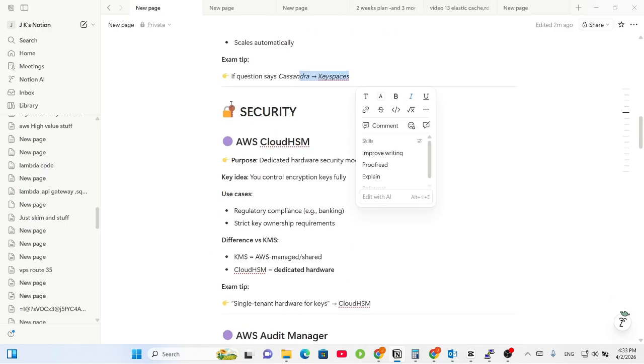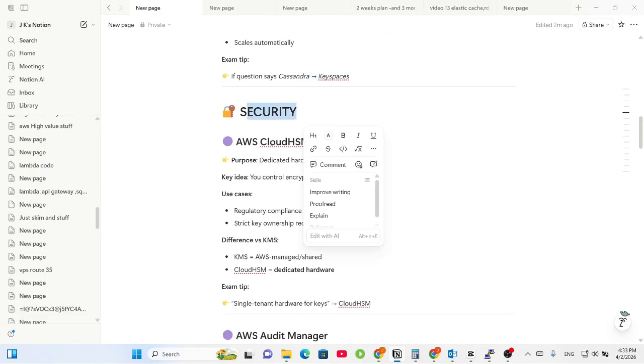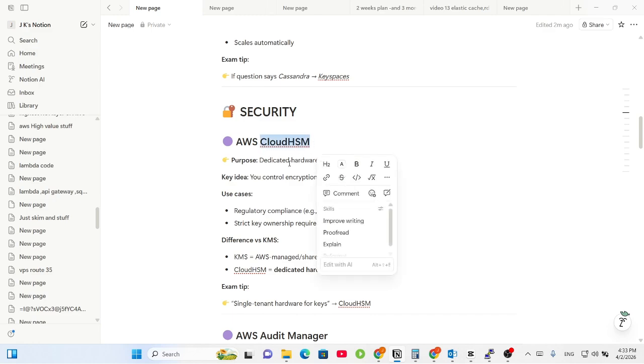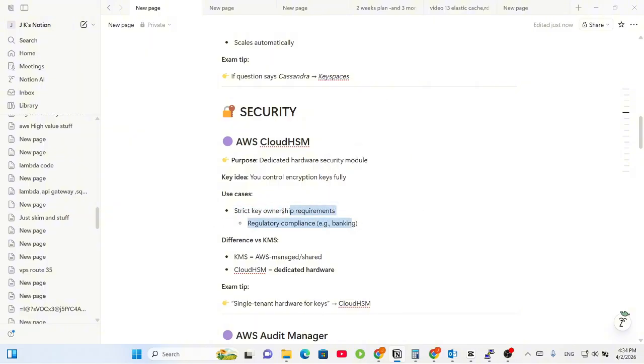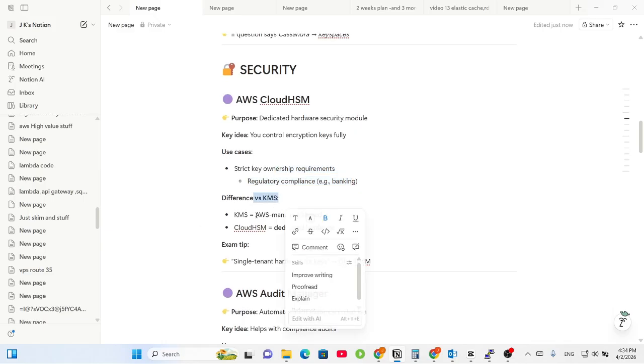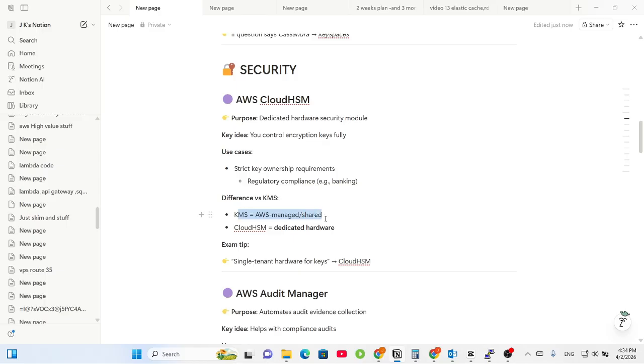Just understand this. And security, AWS CloudHSM, basically this is a dedicated hardware security module. The key idea is you control encryption keys fully. Use case: regulatory compliance like banking and strict key ownership requirements. And the difference versus KMS: KMS can be AWS managed or shared.